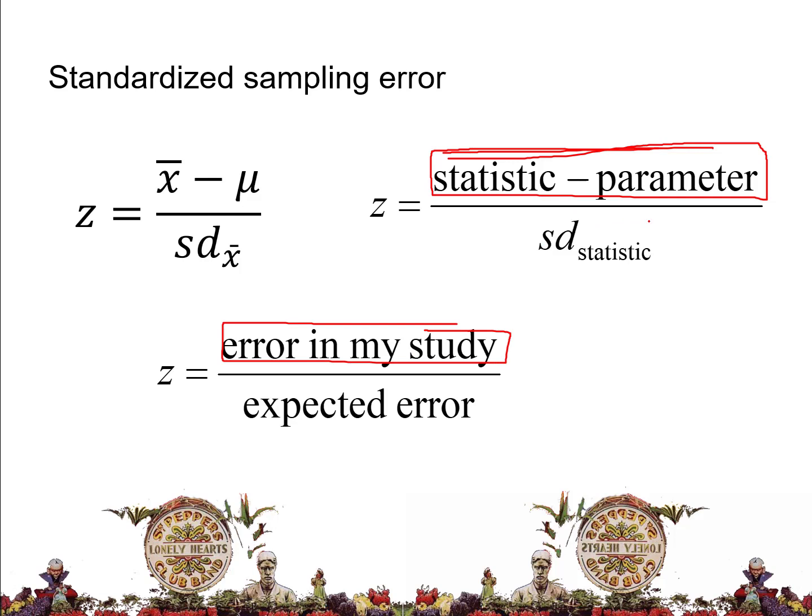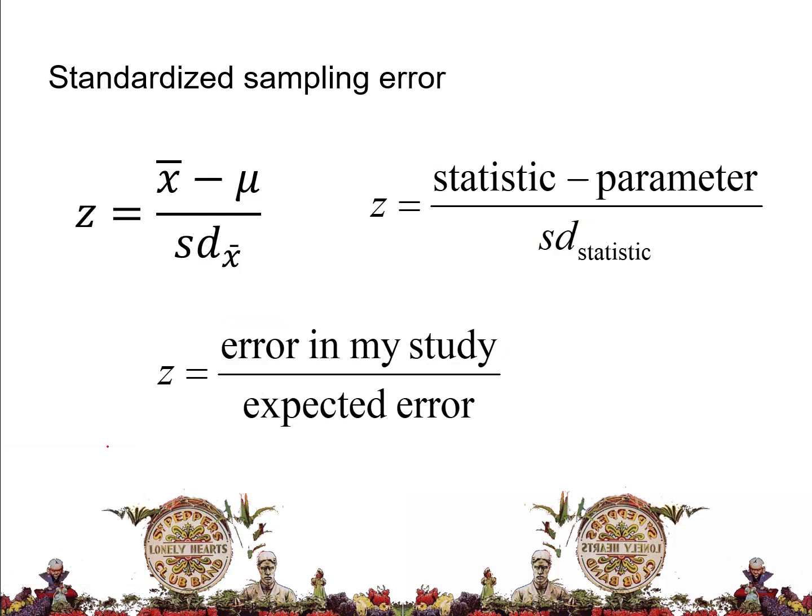And note that the standard error of a statistic is the typical amount of error, the average amount of error that's made across studies. So we could say that's the expected or likely error in a study. So another way to think about what we're doing with the z-score formula is we're taking the error that we have in a particular study and dividing it by the expected error that we would have. So those are different ways of considering what that z-score formula is doing.